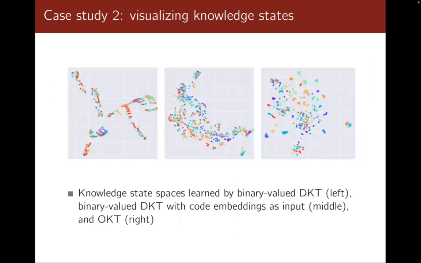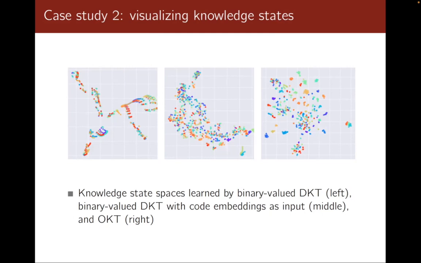Okay, so one cool visualization I thought I'd show you is the meaning of why we're doing this. From left to right, this is plotted on the same data set, trying to interpret the latent student knowledge states. On the left-hand side, this is using binary-valued student responses as both input and output in the model. And you see everything is kind of jammed together in a couple of strands.